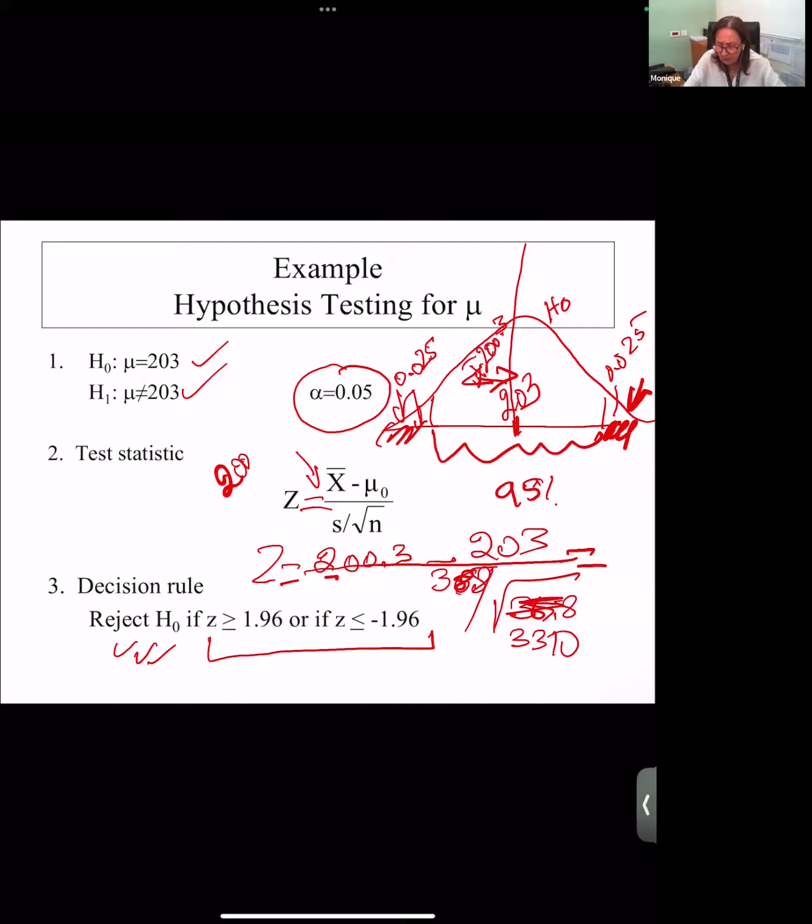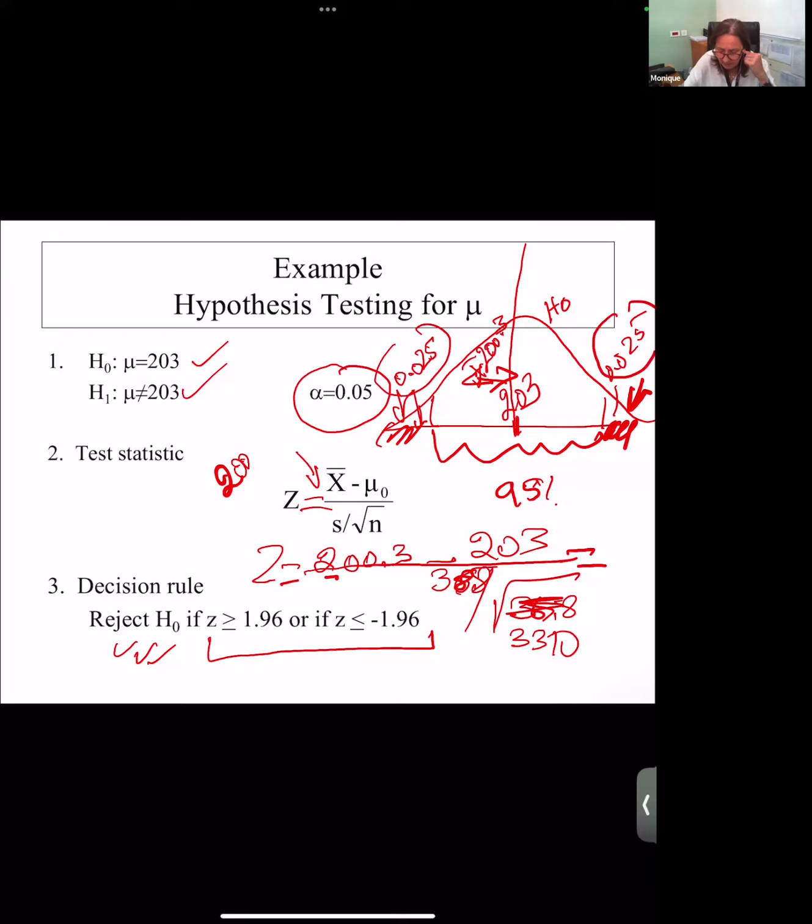To get it, we usually look at the Z at the 95%. Since this 95% is on the two tails, if you look at the probability inside 95%, it is minus 1.96 and plus 1.96. So if the value of the test statistic lies between those two values, we accept H0. If it is outside those values, here or here, these are the rejection areas.